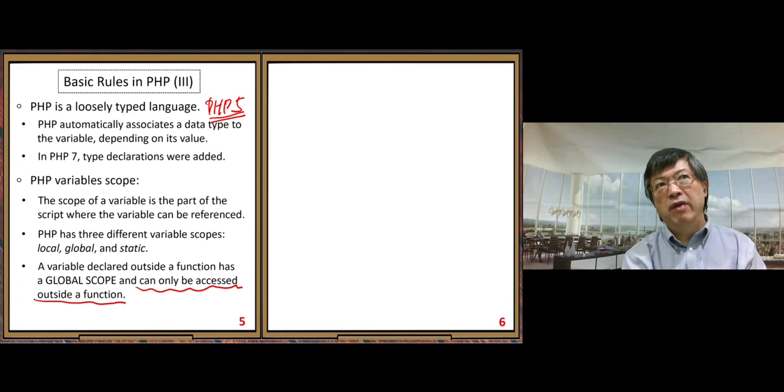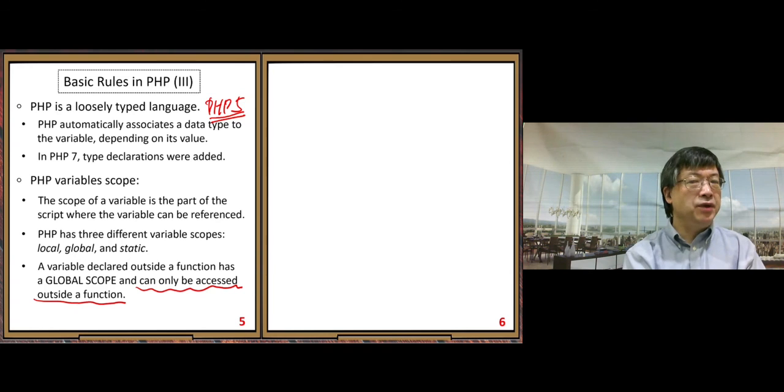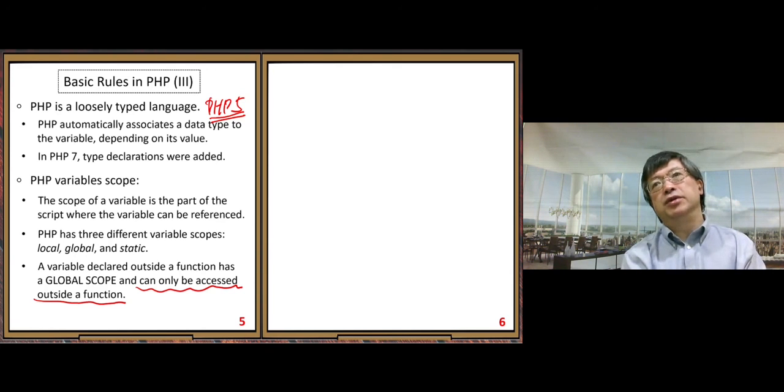When people use global variables, it is very hard to debug. That's why experienced programmers always tell you to try to avoid using global variables.